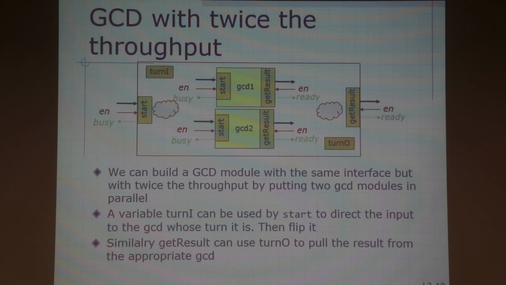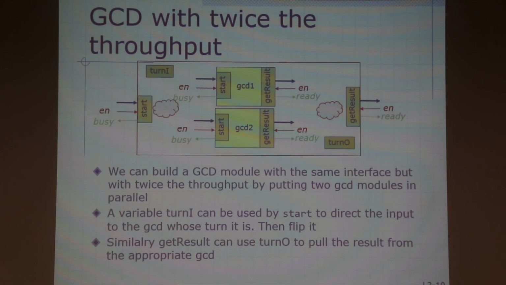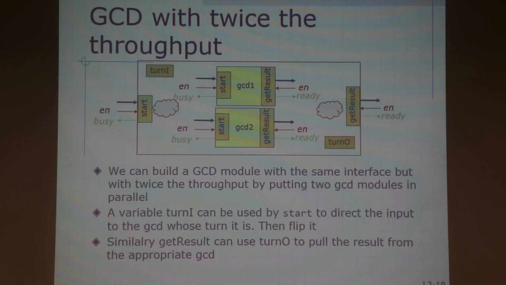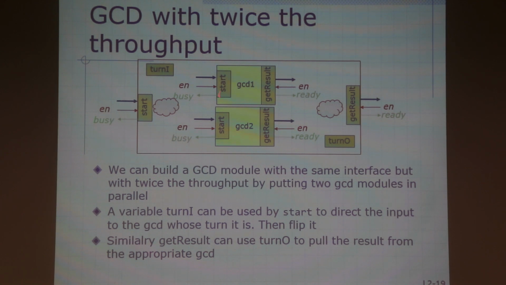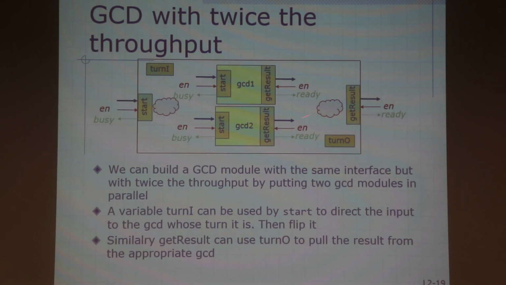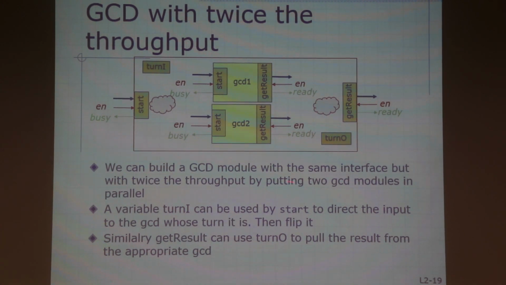We could have tried that, but it might not fit in one lecture. Now what I'm showing you is that even with that very simple algorithm, I can build hardware which has twice as much throughput. The hardware from the previous GCD is going to go in here, and I'm going to put some more fuzz outside, and this will again behave with exactly the same interface.